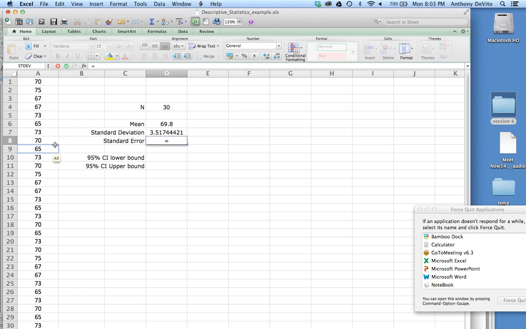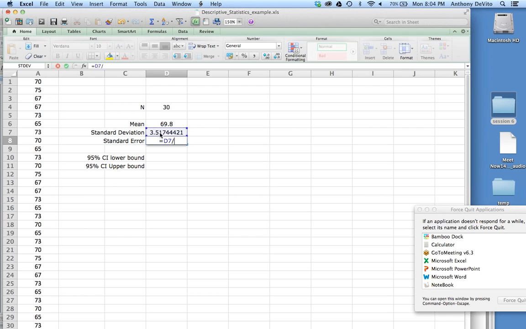I'm going to cheat right now, and say that the standard deviation of the population probably approximates the standard deviation of the sample. That's a cheat. Later on, we're going to introduce a correction factor for using the standard deviation of the sample instead of knowing the standard deviation of the population.